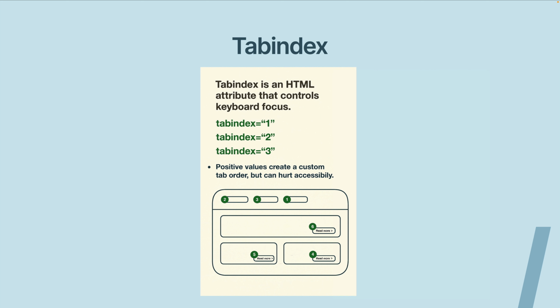It can hurt accessibility. So do it only when it's really required. Otherwise, let the page follow its natural flow. The best way to change the tab order is to change the element's position instead, so that it remains in the natural, logical flow of the page.